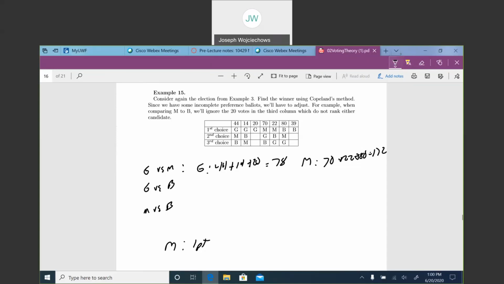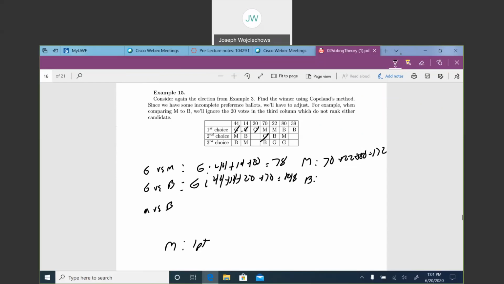Okay, now let's look at G versus B. G is, of course, preferred in these three. 44, 14, and 20. B is preferred here. 70. B, B, and B. So this is 148.